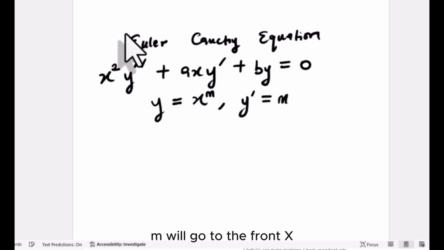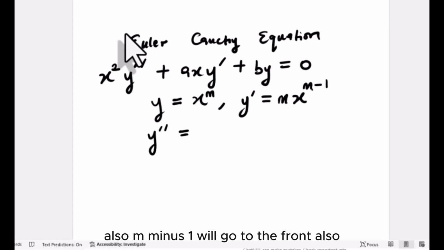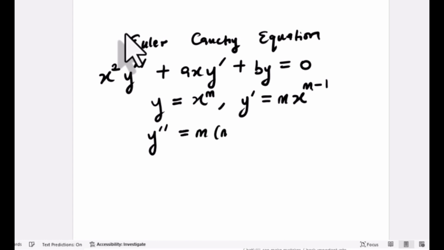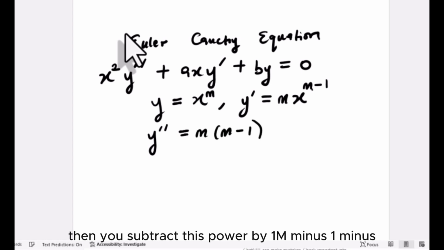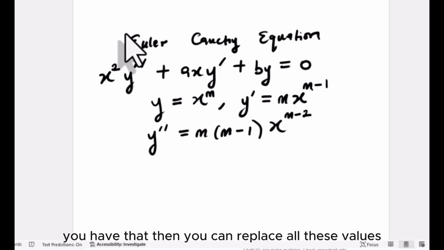M will go to the front, x, then m minus 1. And also, y prime prime will be m, also m minus 1 will go to the front. Then you subtract this power by 1. M minus 1 minus 1, that's minus 2, right? You have that. Then you can replace all these values.